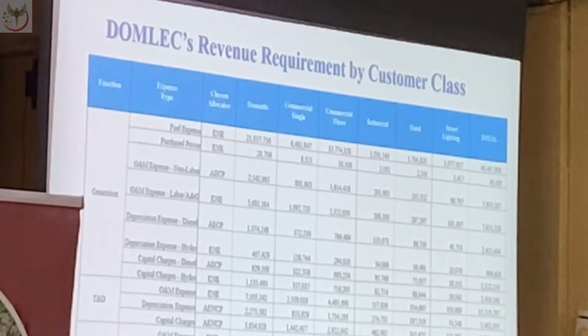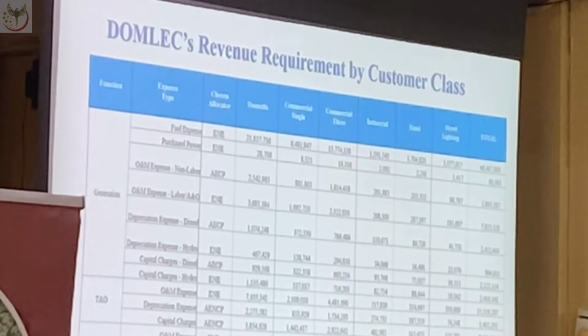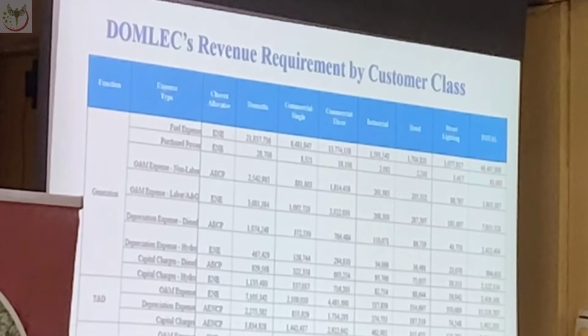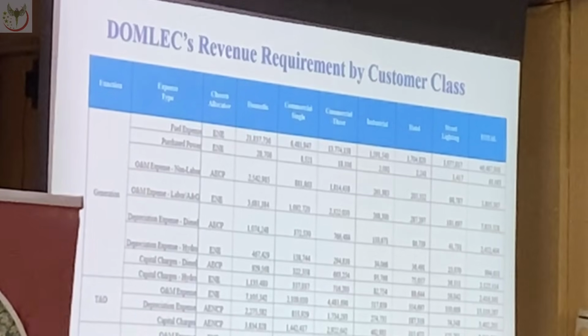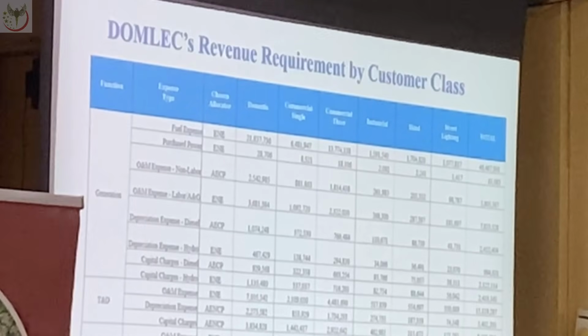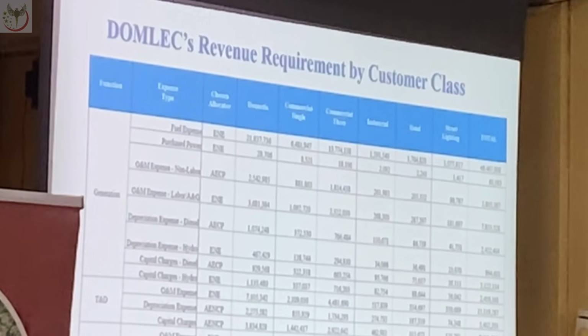Now we are seeing the total revenue requirement of 112,000 million, but do not take that seriously because fuel is not factored in it. When you see fuel purchase, fuel expense, and purchase power, this is not factored in it. Because why? The fuel cost is shown as a separate line item in calculating, so it's a pass-through cost.